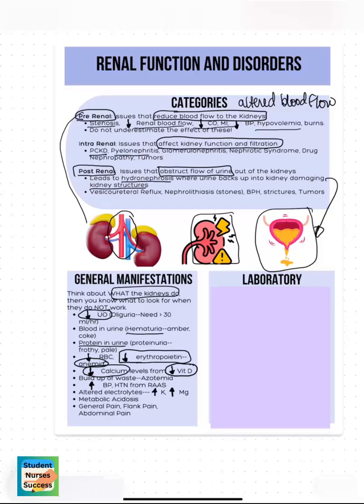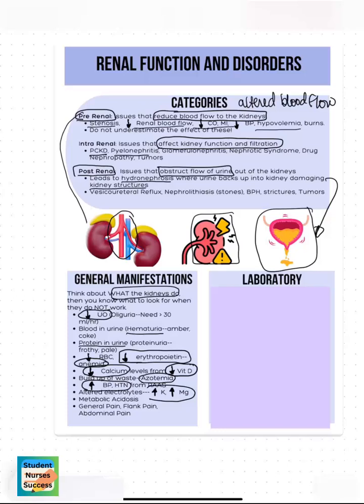So, when they cannot do that, we see azotemia, which is a buildup of waste in the bloodstream. We see an increase in blood pressure and hypertension when the kidneys are not functioning well, and that's usually because the RAS or the renin angiotensin aldosterone system is starting to really cycle up. And we know that kidneys are really responsible for getting rid of some of our potassium and our magnesium.